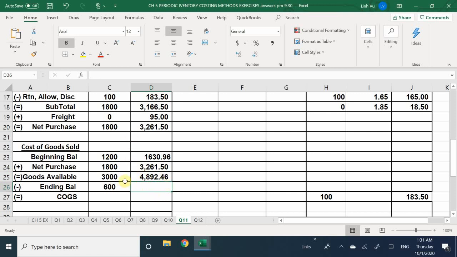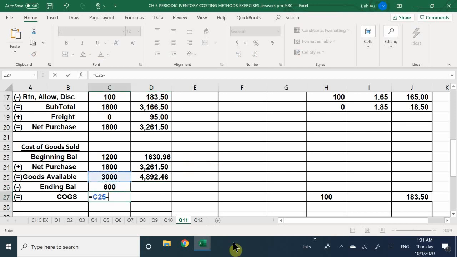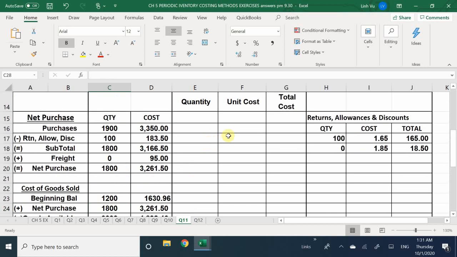Okay? And these 3,000 toys is going to cost me a total of $4,892.46. Okay? So now I'm going to solve for my cost of goods sold, which is the 3,000 minus 600 to give you a total of 2,400 items sold. Okay? And this is where I'm going to go ahead and calculate my cost per item.